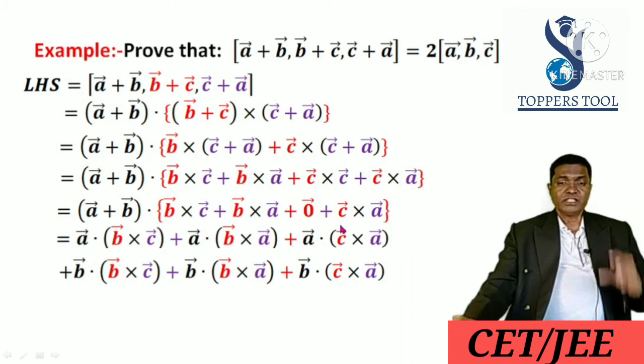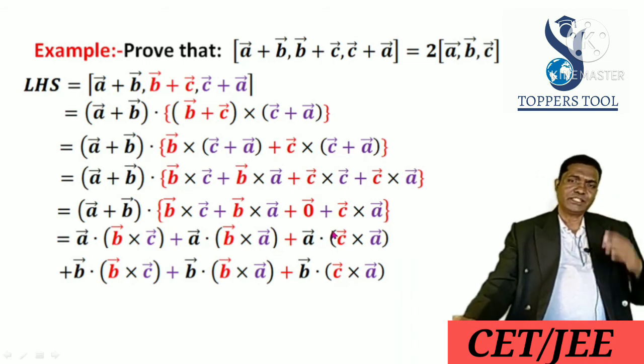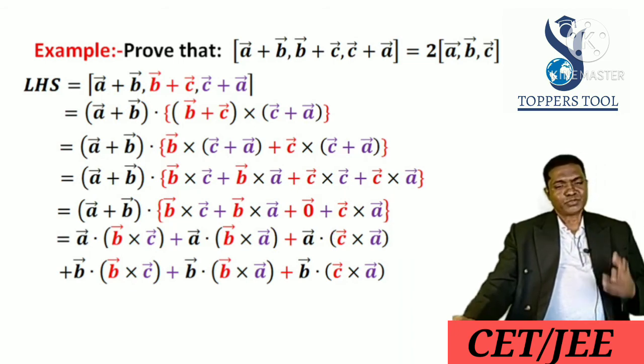Now these are all triple products. We have now got 6 triple products, and we know that in the scalar triple product, if any two vectors are the same, then its value is going to be 0, that I stated in the last point. So look at the triple products where you find two similar vectors.